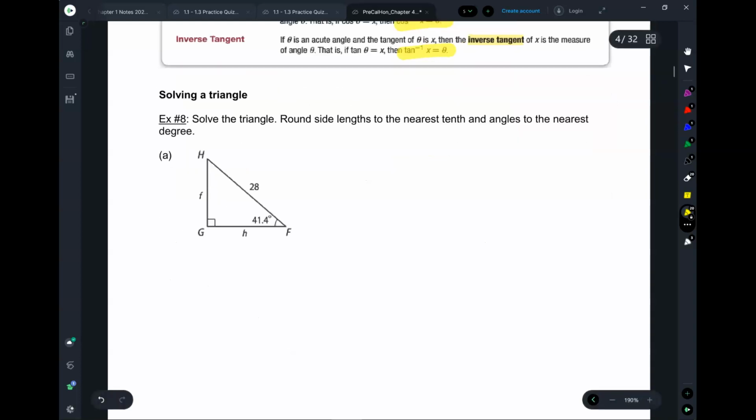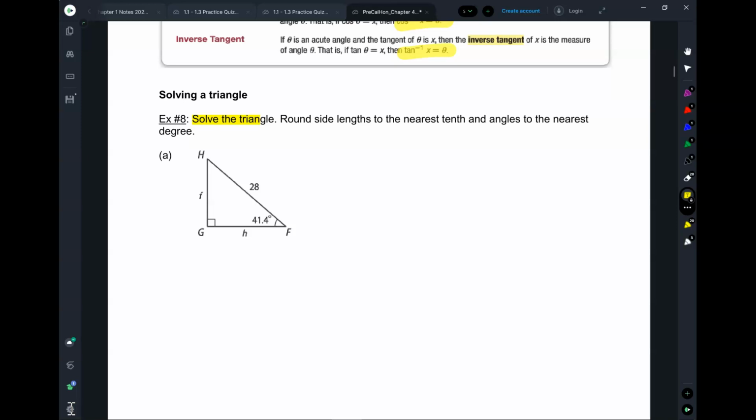This problem asks to solve the triangle. When it says to solve the triangle, how many sides does a triangle have? And how many angles? Three. That's 6 quantities total. To solve the triangle, you will be given 3 of the 6, and you need to find the missing 3.